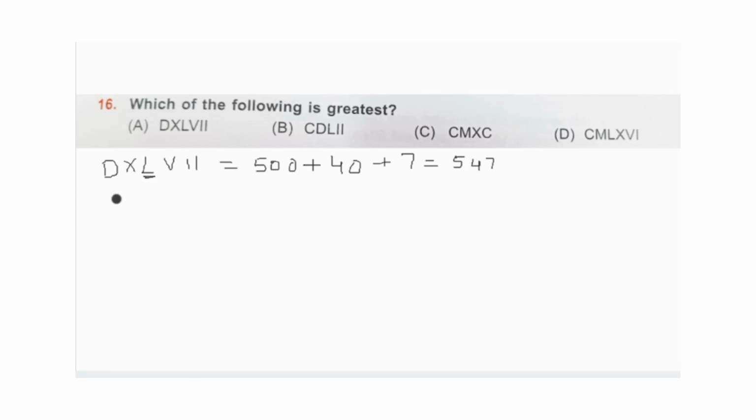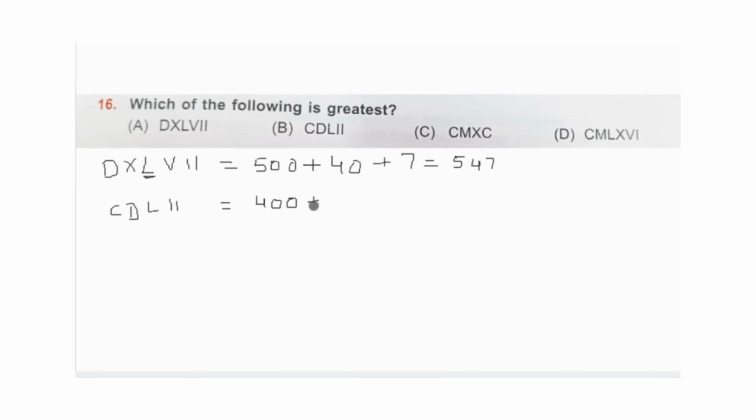Let's go with the second option. Let's convert the second Roman number into normal digits, which is C, D, L, I, I. So now, if you see C and D, C is 100 and D is 500. But since C is before D, you need to subtract 100 out of 500, which makes it 400.